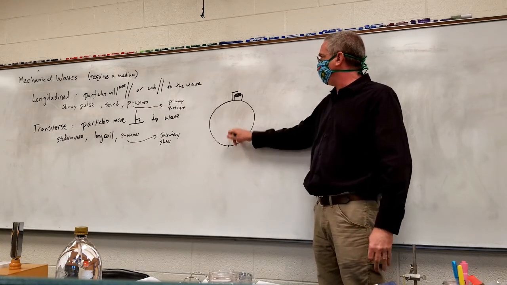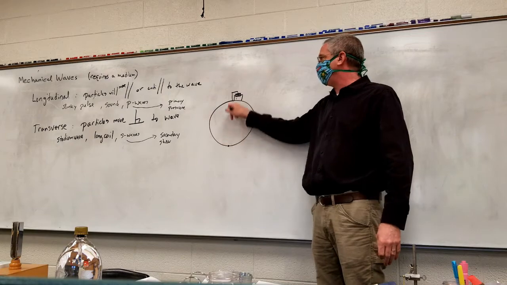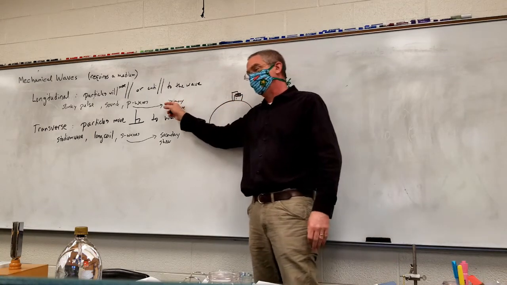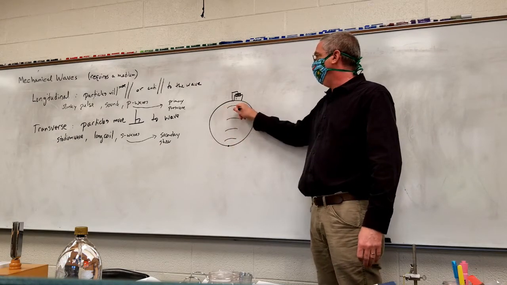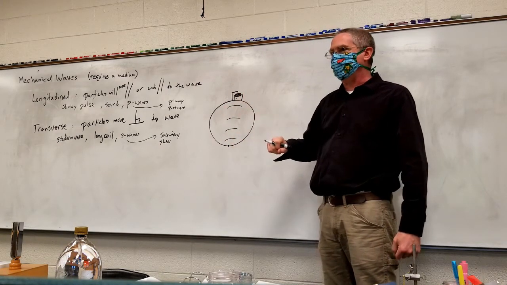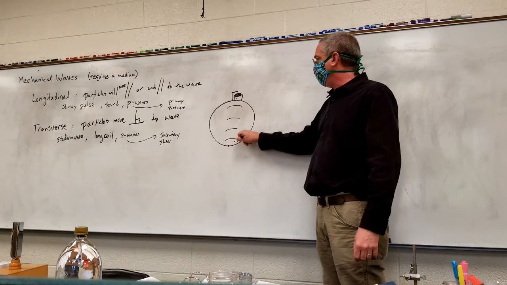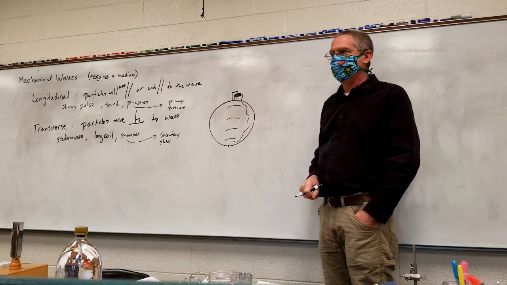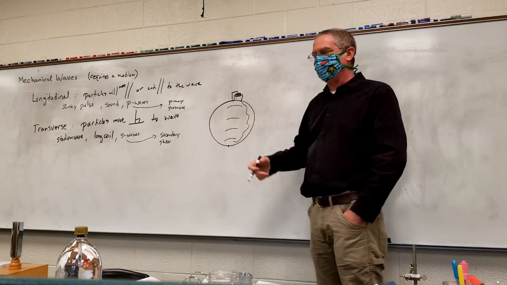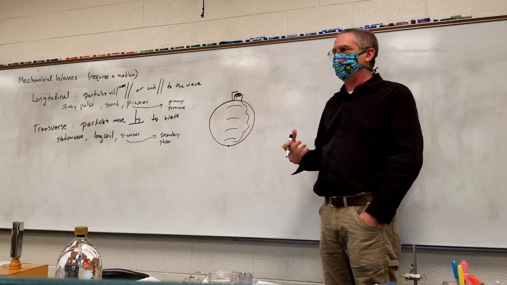So the first waves to hit here are the primary waves, the longitudinal ones. They're just going straight through the Earth. The transverse waves travel around the side, along the crust. And then you take into account distance and figure out how long it would take.